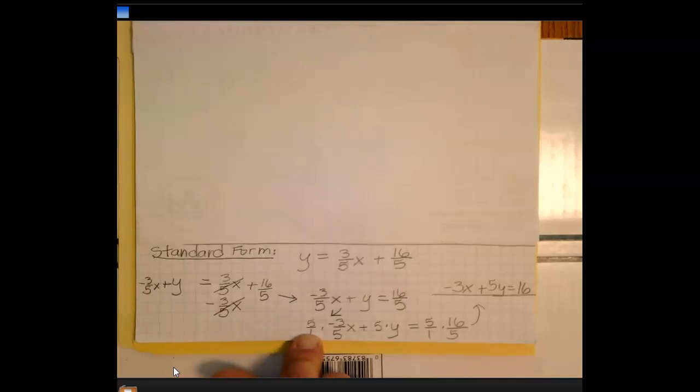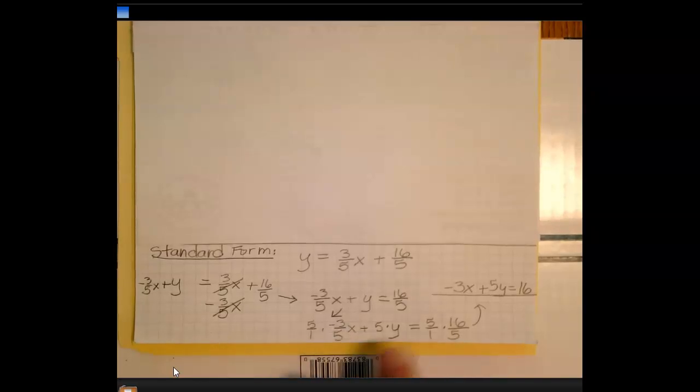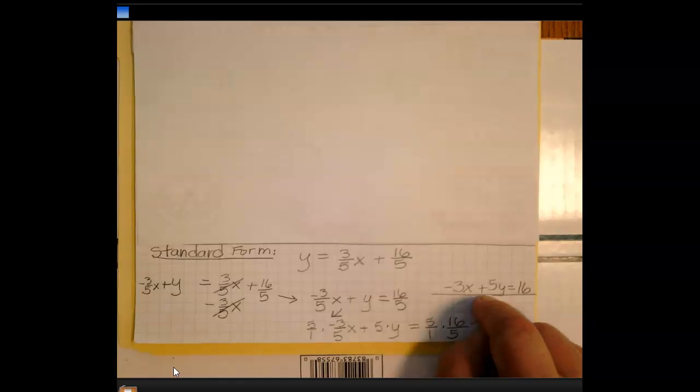And you can see what's going to happen here, right? These two 5s are going to cross cancel, which is going to leave me with negative 3x. 5 times y is going to equal 5y. And once again, for this fraction, the 5s are going to cross cancel each other. And I'm going to end up with negative 3x plus 5y equals 16.